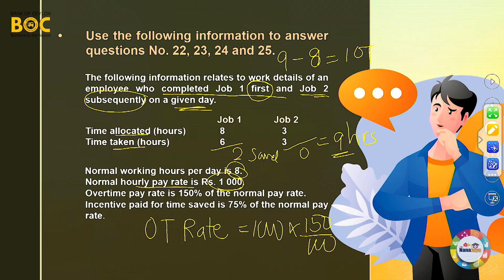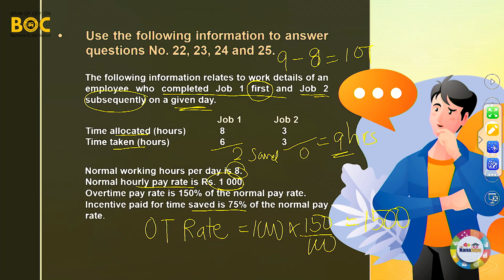The overtime rate is 1500 rupees. If time is saved, the incentive is 75% of the normal rate. The normal rate is 1000, and 75% of it is for time saving.